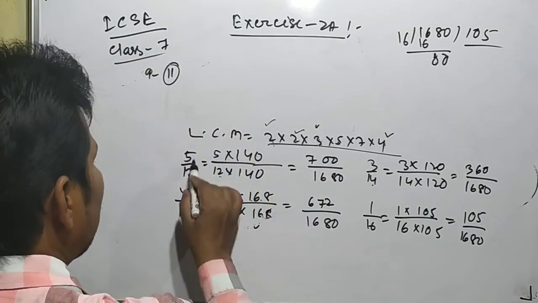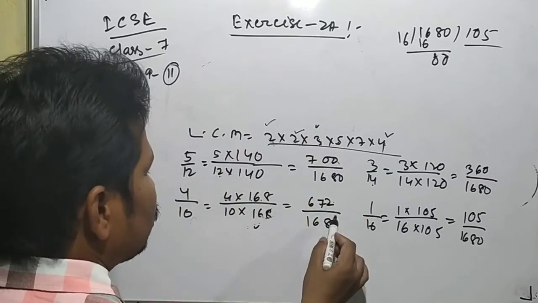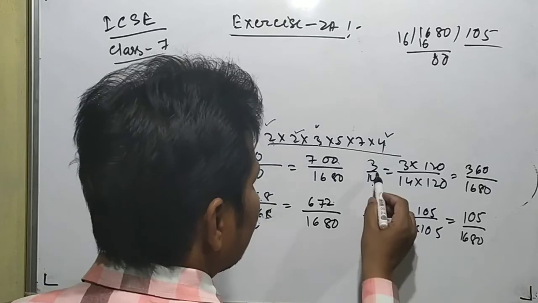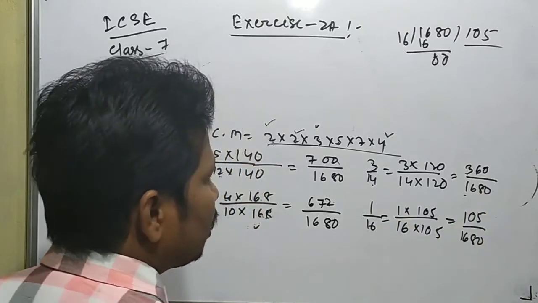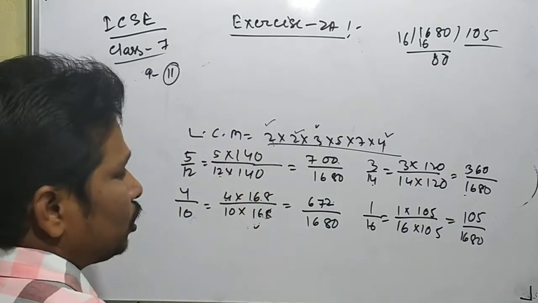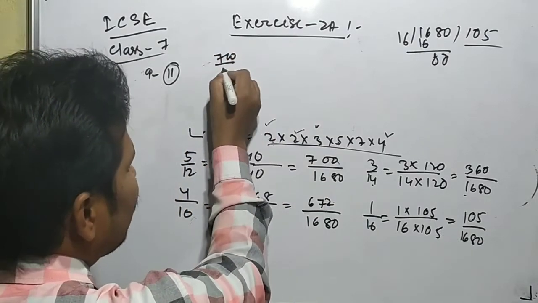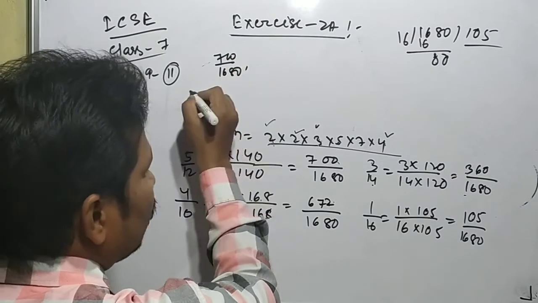Now we can see here 5 by 12 equals 700 by 1680, 4 by 10 equals 672 by 1680, 3 by 14 equals 360 by 1680, and 1 by 16 equals 105 by 1680.